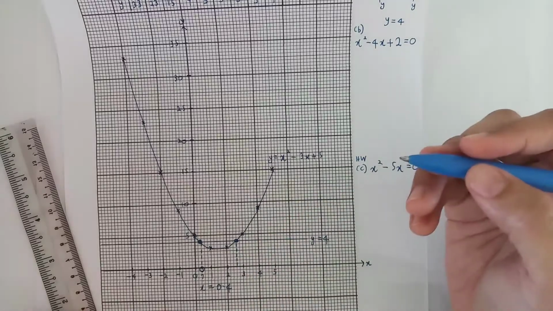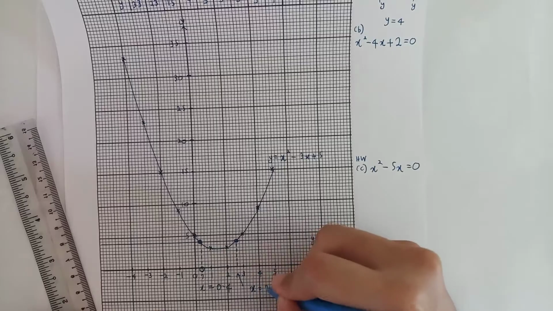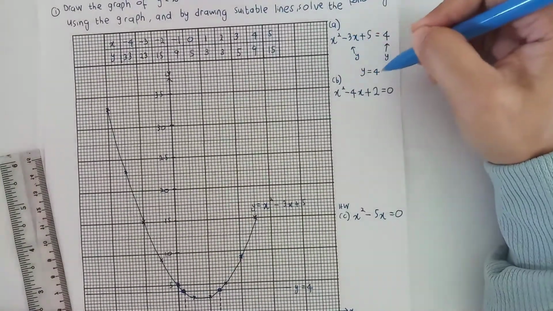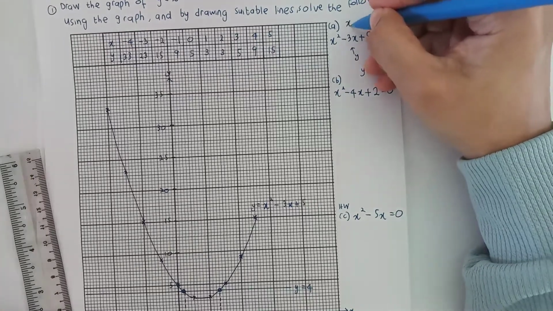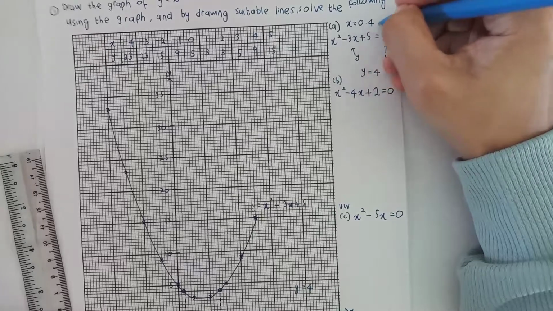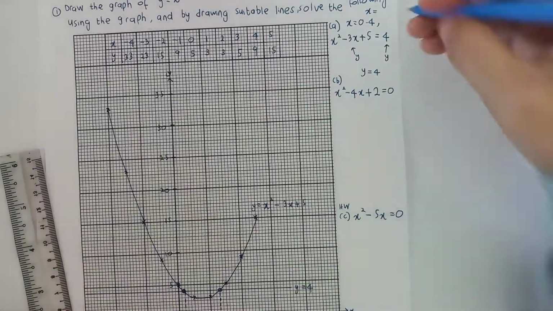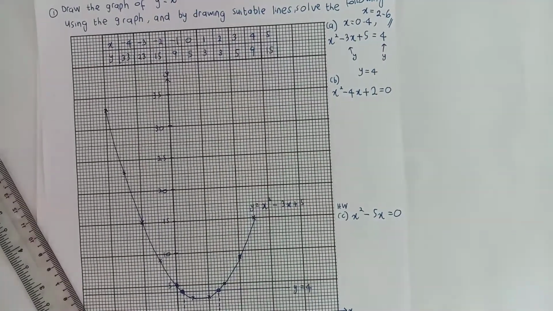So 2.2, 2.4, 2.6. My second x value is there, x equals to 2.6. So your final answer for the first question is x equals to 0.4, x equals to 2.6. Done.